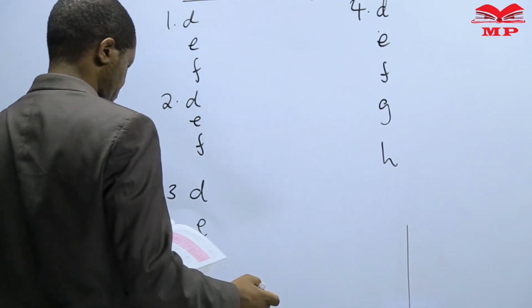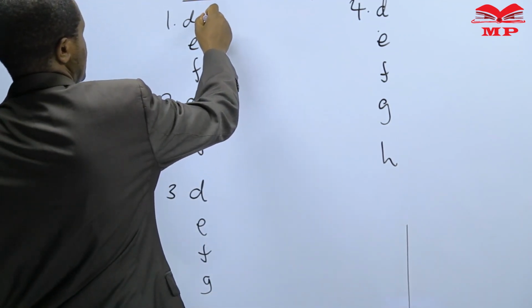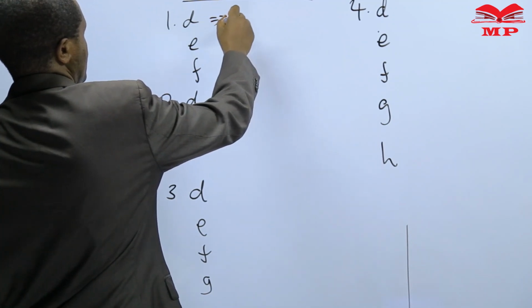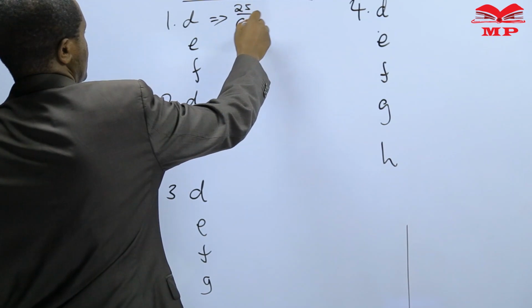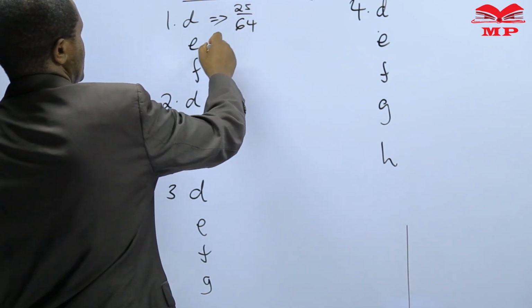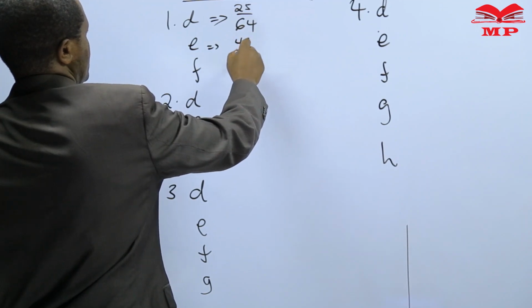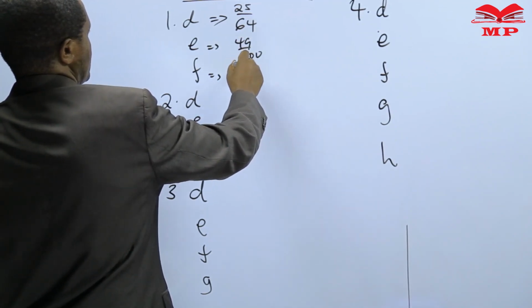Answer to question 1D, the answer here is 25/64. The answer to E is 49/100. Answer for F is 1/9.